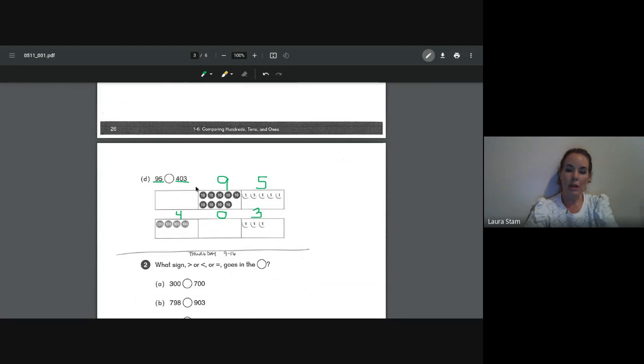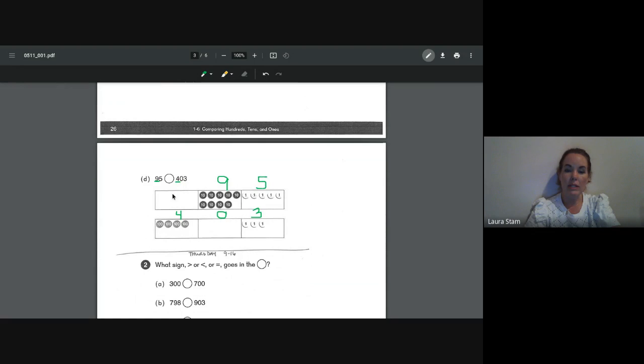So the tricky part about this is it's easy to see the 9. We look at the first number, but we're not looking at the first number. We're looking at the highest place value. Well, the highest place value on 95 is the tens place. But when we look at 403, the highest place value is the hundreds place.